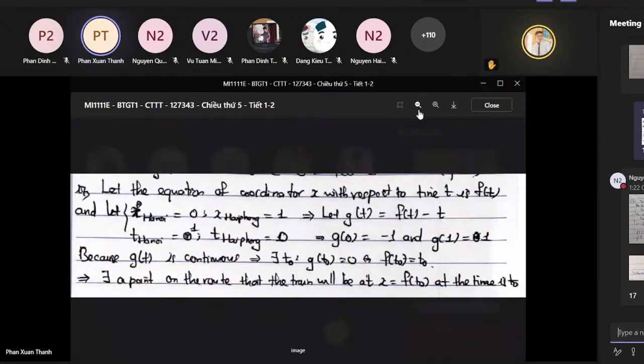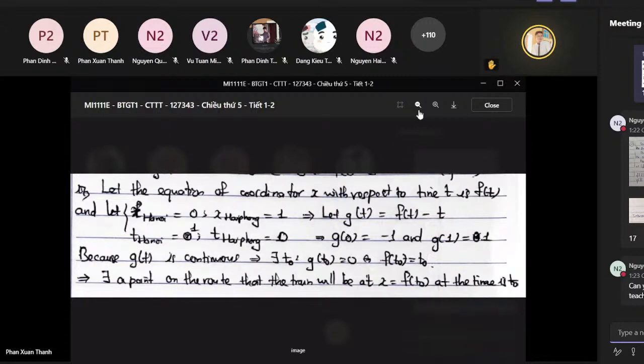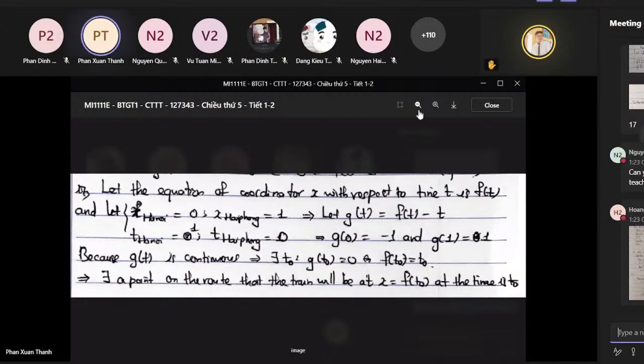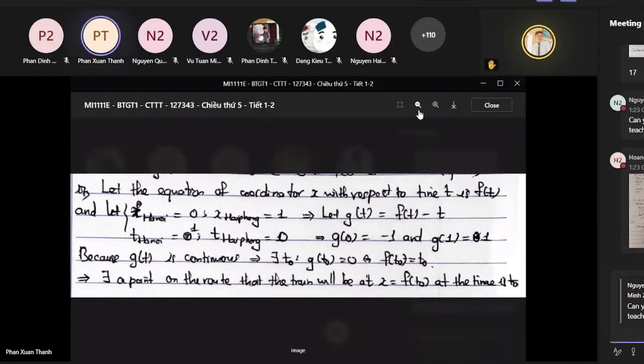So that's the equation of the coordinate x with respect to the time, f. So that's the point on the route. I still do not get the point. I still do not see the idea in this solution.